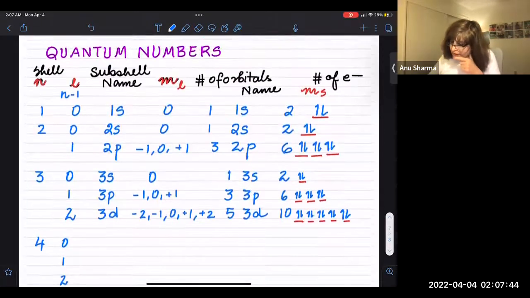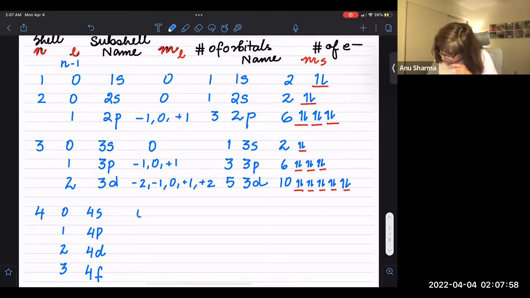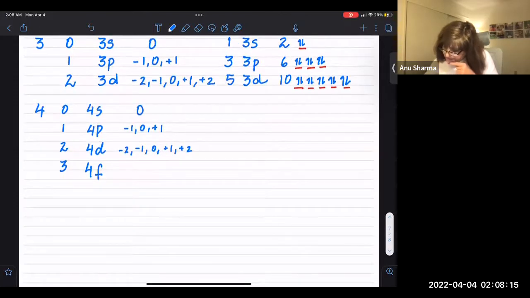Now the subshell names are 4s, 4p, 4d, and 4f, and their ml values are 0; this one is minus 1, 0, plus 1; this one is minus 2, minus 1, 0, plus 1, and plus 2; and here in f it is minus 3, minus 2, minus 1, 0, plus 1, plus 2, and plus 3.